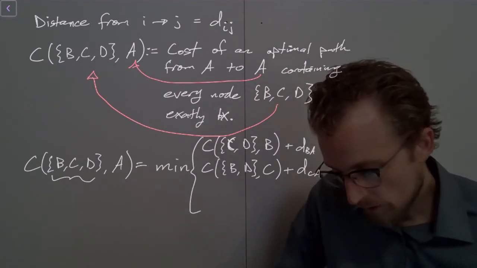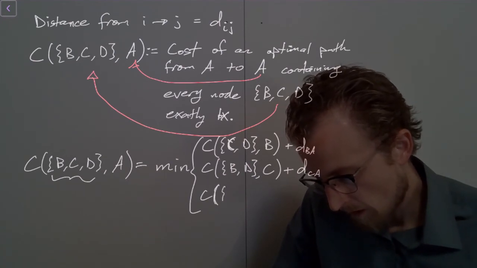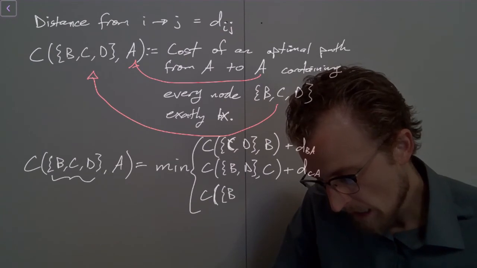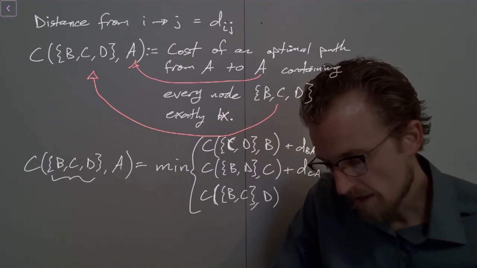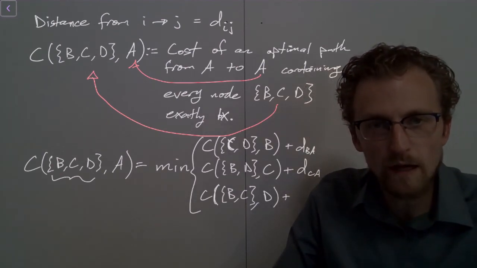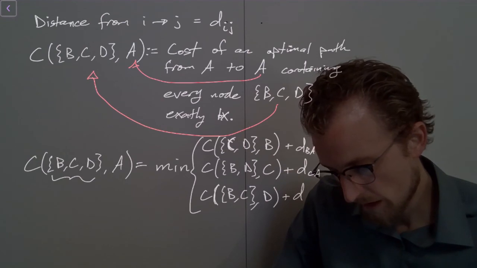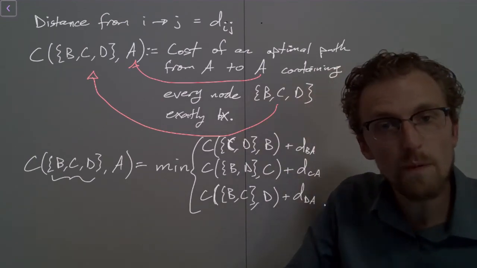Or it could be the cost of a minimum cost path passing through B and C exactly once each, ending on D, and then going directly from D to A. So the distance from D to A. Okay, and that's it. Those are the three possibilities.